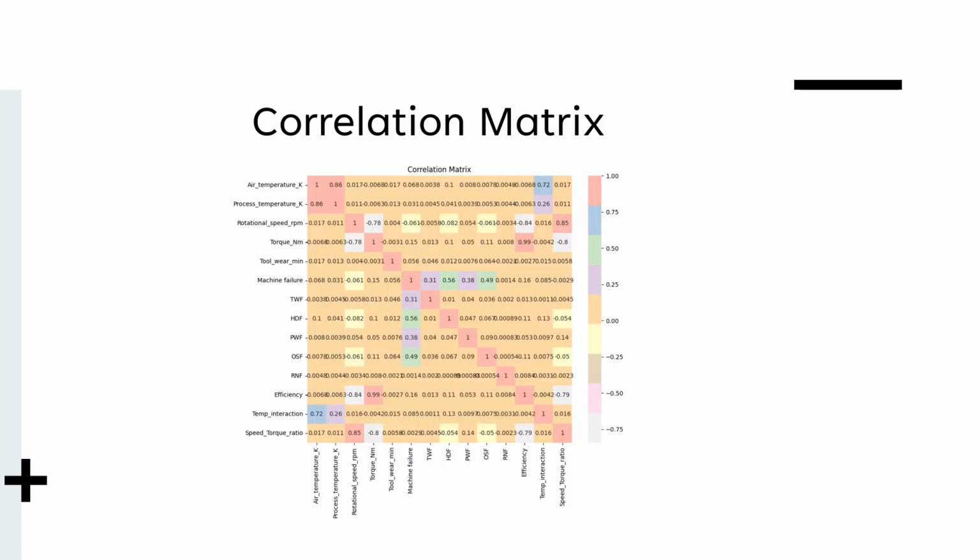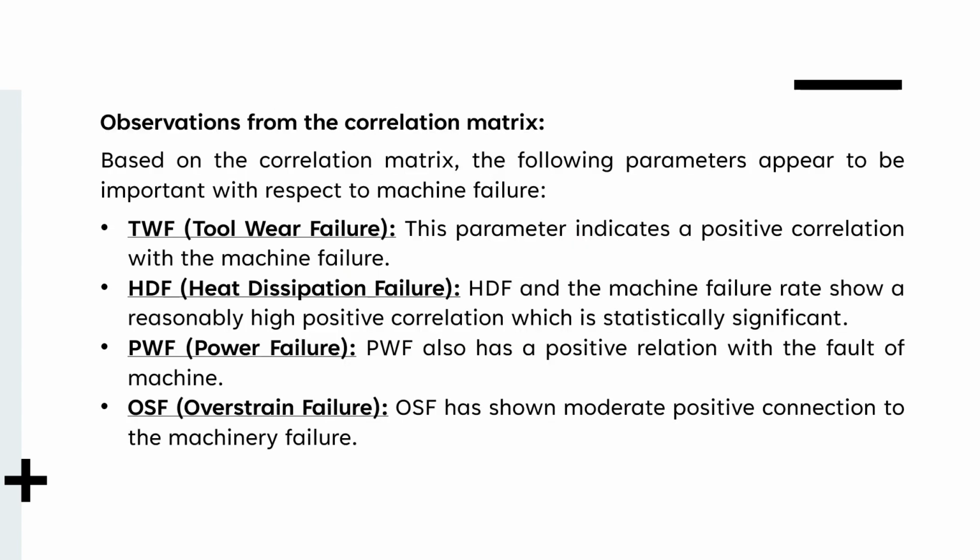I have created a correlation matrix based on the features. From the correlation matrix, we can see that the tool wear failure, heat dissipation failure, the power failure, and the overstrain failure have a positive correlation with respect to the machine failure.